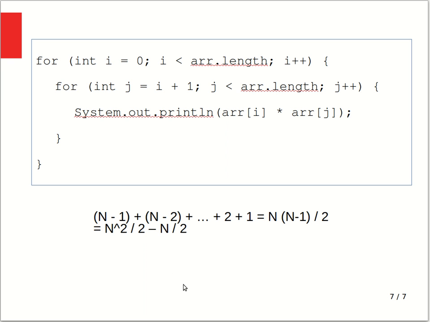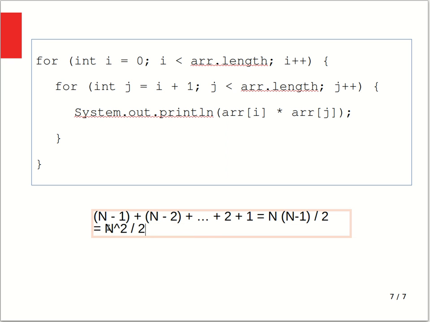So now let's introduce the second convention of big O analysis. You always drop the non-dominant term. So here, what's going to be the dominant term? For big n, that's really big, the biggest number is always n squared. And this is the non-dominant term. So in big O analysis, we have to drop the non-dominant term. We have to get rid of it.